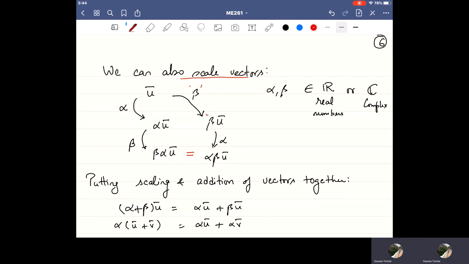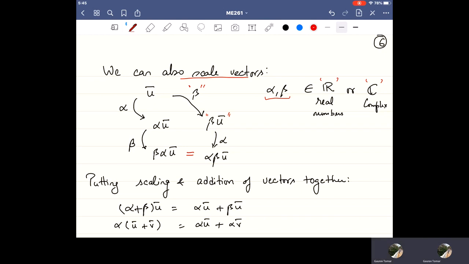So you are stretching the magnitude of the vector by this scalar beta. These scalars, for now, you can think of them as real numbers or complex numbers. So when you talk about real spaces, you have a scalar which is real. When you talk about complex spaces, then your scalar is a complex number.